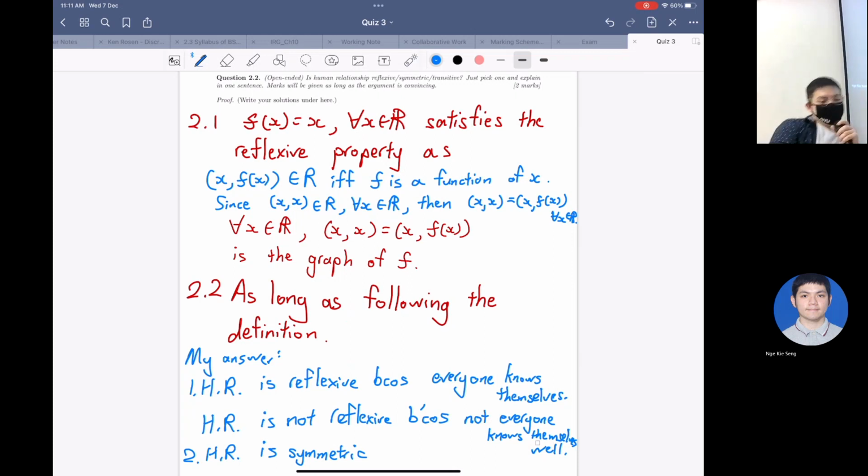Whatever you wrote, if you want to show reflexive, symmetric, and transitive, you need to show it for all cases. If you want to show they are not, you just need to produce one case. Or if any one of you thinks your example is interesting, you want to share?